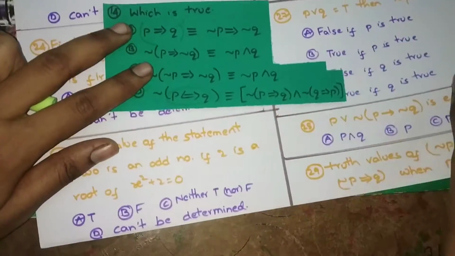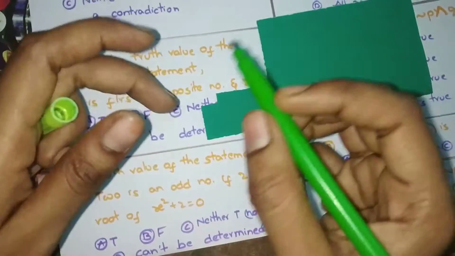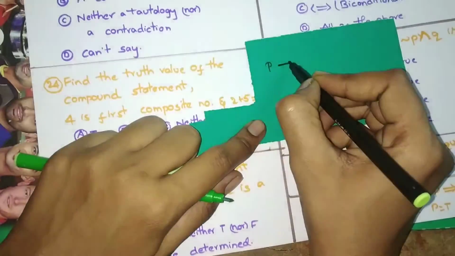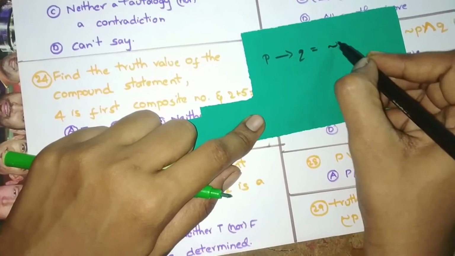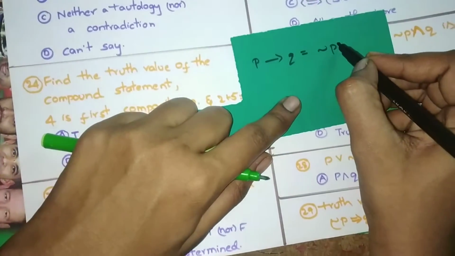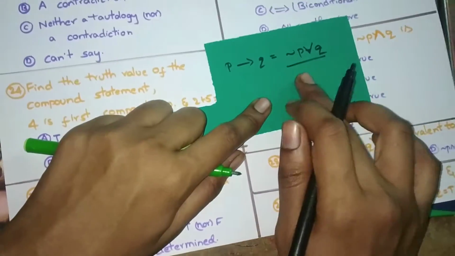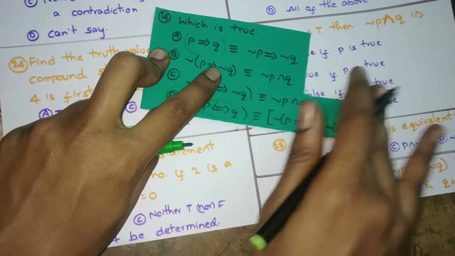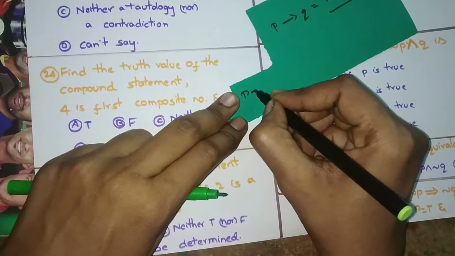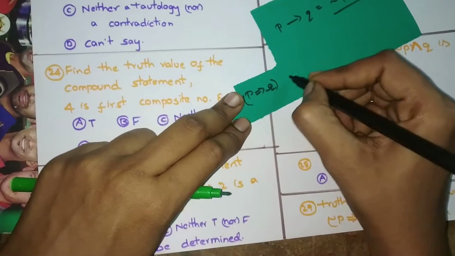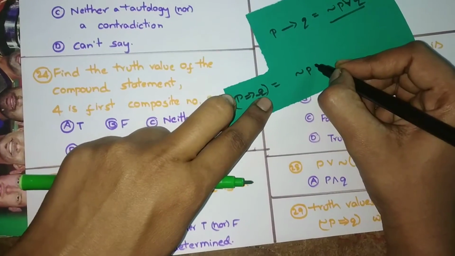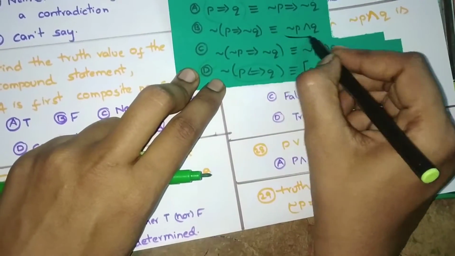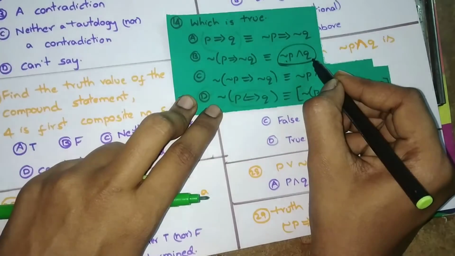See here I will write negation of P implies Q, we can write it as negation of P union Q. In this way we can write, but here they have given P implies negation of Q. We can write it as negation of P union negation of Q. Okay. Now here they have given negation of P intersection Q.